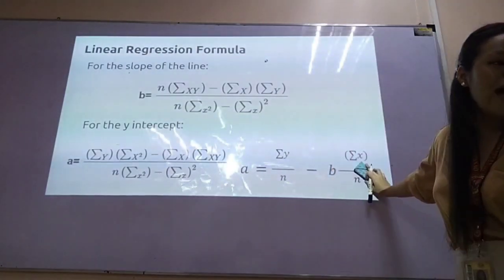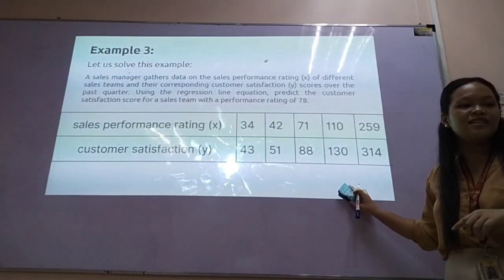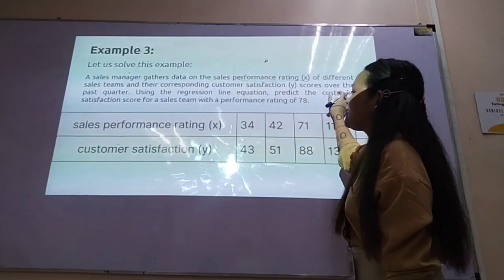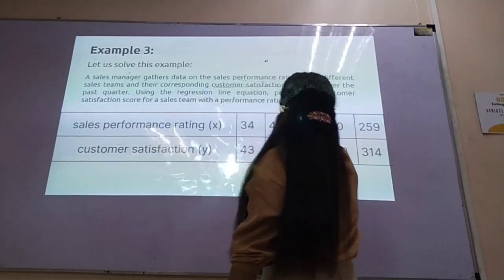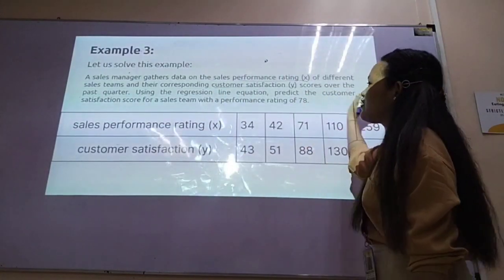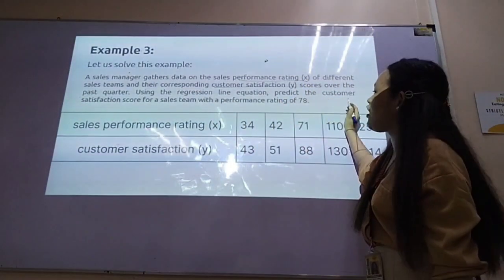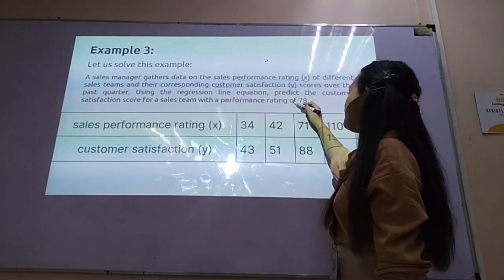So let's have an example. A sales manager gathered data on the sales performance rating, which is our X variable, of different sales teams and their corresponding customer satisfaction, or our Y variable, scores over the past quarter. Using the regression line equation, we're going to predict the customer satisfaction score for a sales team with a performance rating of 78.